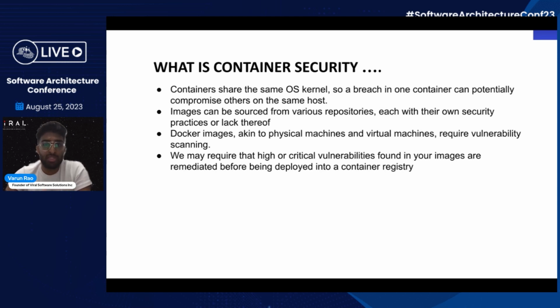Today, we will specifically be discussing how we can scan images. I understand that there are many different OCI-compliant images, as we call them, that a container can use. In this case, we're talking purely about a standard Docker image that you are likely using in your environment.